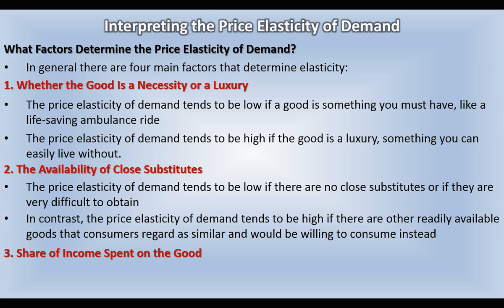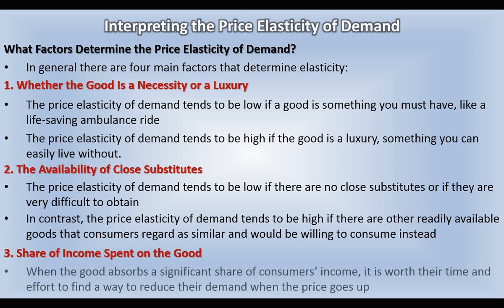For your home, your mortgage, whatever you're paying for your housing, that doubles, you're jumping ship immediately. That's a huge part of your income. That doubles, it's basically taking away your ability to buy a bunch of other stuff. You just can't handle that. You will immediately respond to that. So it will be more elastic, your response to that, because the good that you're buying is a big part of your income versus a small part like salt.